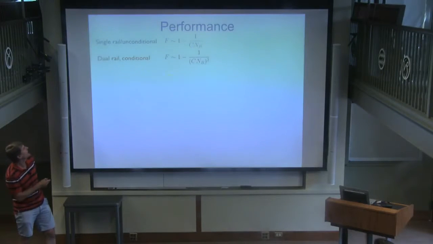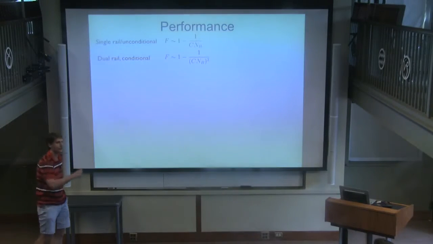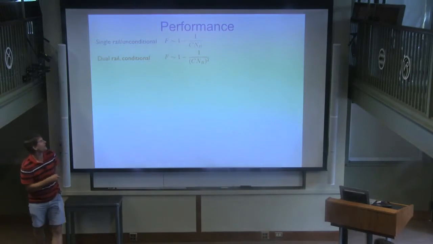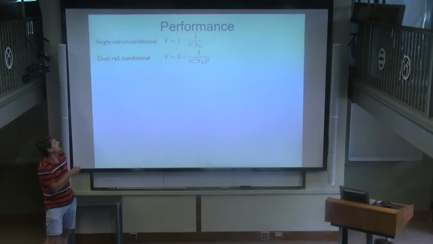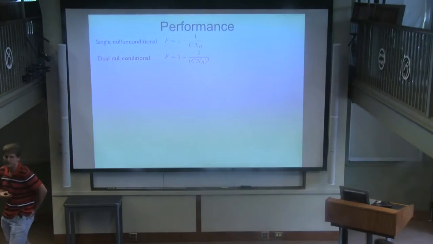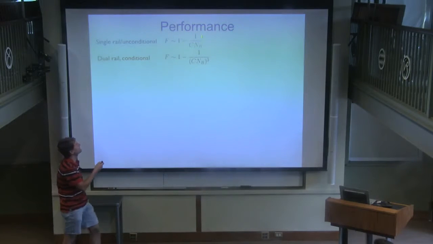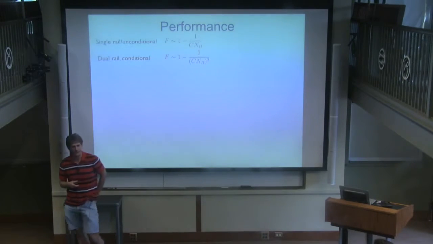Now, I don't know exactly how these results relate to the discussion you had before, after Thomas Pohl's talk, but when we do this math, what we do get is that if we take this single rail encoding where the qubit is 0 or 1 photon, we get a fidelity which is 1 over C times NB.